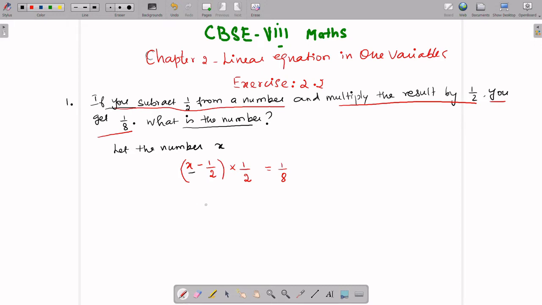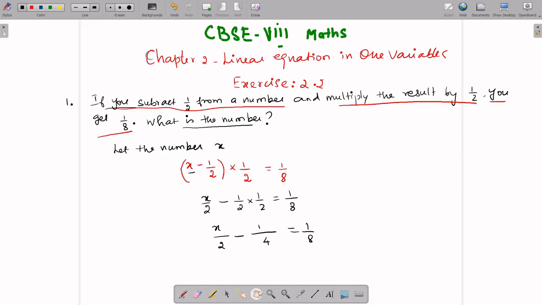So we will try to solve this equation. First we have to take this 1 by 2 inside. So 1 by 2 into x is x by 2, minus 1 by 2 into 1 by 2, is equal to 1 by 8. Or x by 2 minus 1 by 4 is equal to 1 by 8.